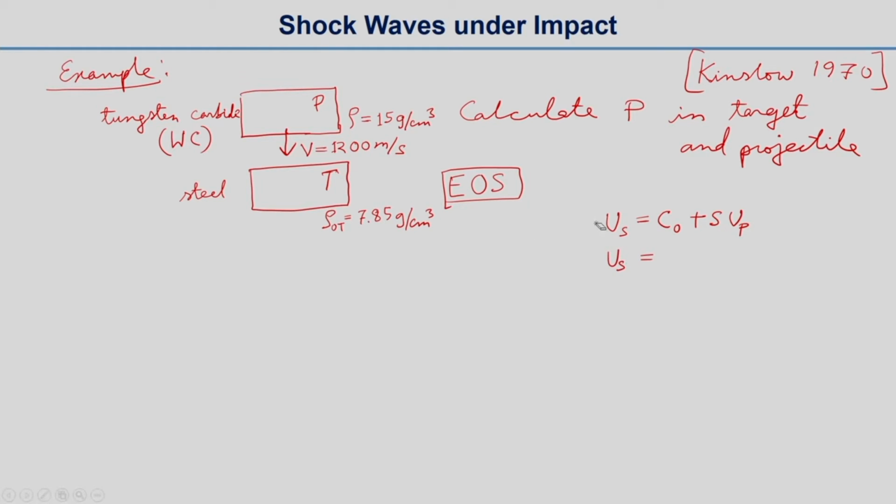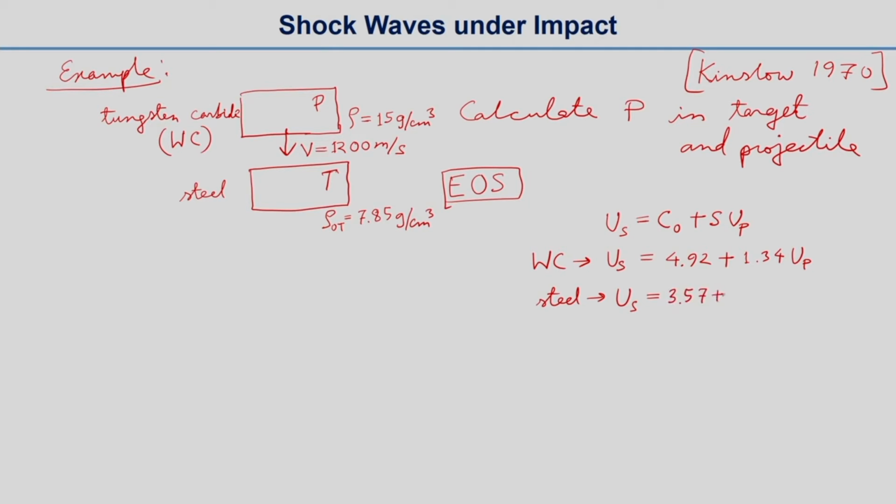This is a common equation, and then we will say for tungsten carbide what is the equation, and for steel what is the equation. For tungsten carbide this equation looks like 4.92 plus 1.34 UP. UP, the particle velocity, is not known now.